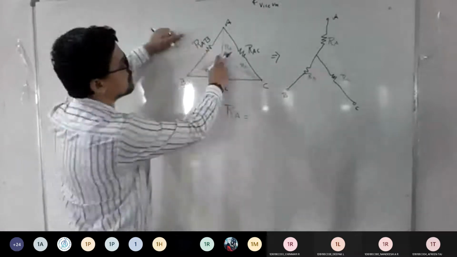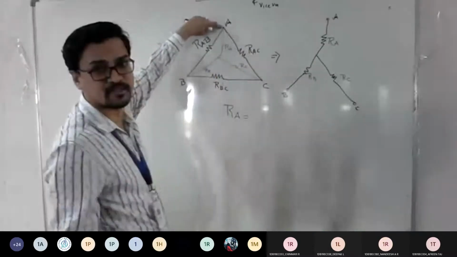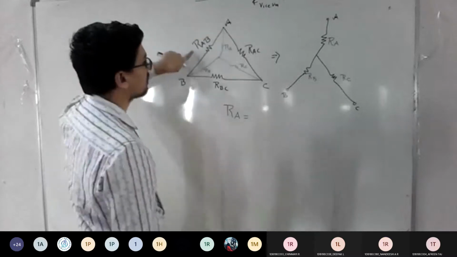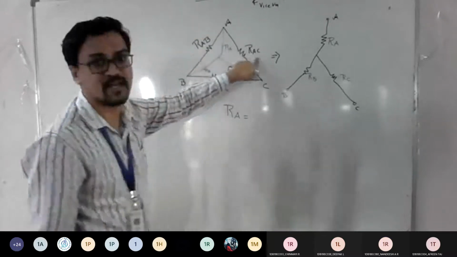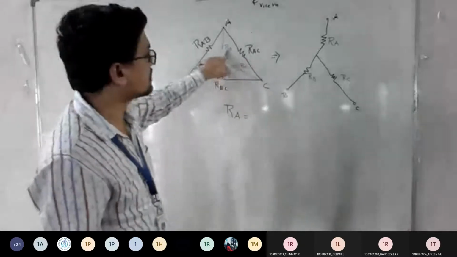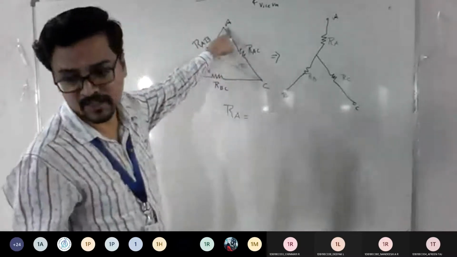If you're able to get the formula, you can get the answer easily. So listen here. This RA is connected to this node, right? For this node, what are the resistors connected? One is RAB, one is RAC. Am I clear? For this RA, RAB and RAC are connected.